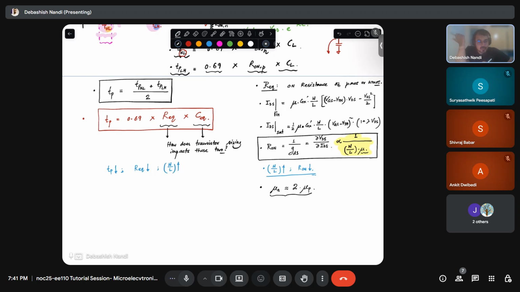Fine. So that means if WP by LP is equal to WN by LN, what about my on resistance? Which one will be higher?